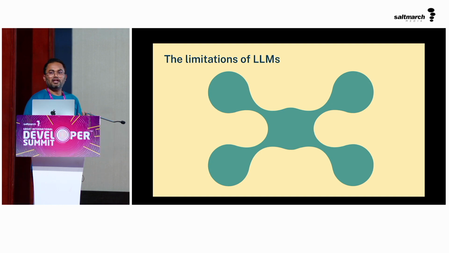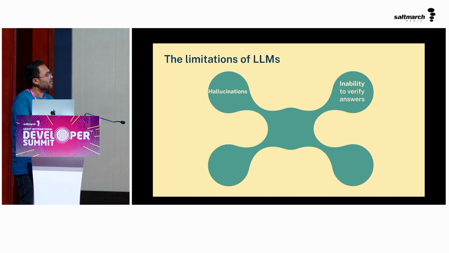typically LLMs can generate responses which are not based on the training data, and this phenomenon is called the hallucinations. Most of you might be aware of that. This is really frustrating, right? And the second is LLMs typically are not able to verify the validity or timeliness of the answers, because LLMs are trained on the internal representation of the data, which is distorted.